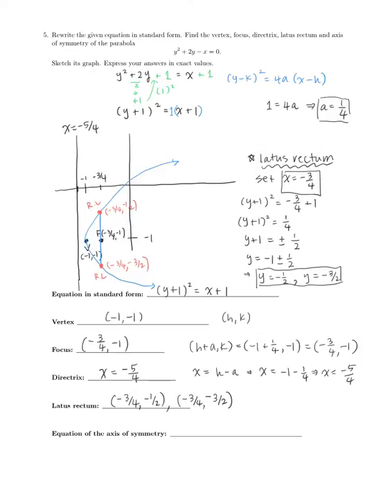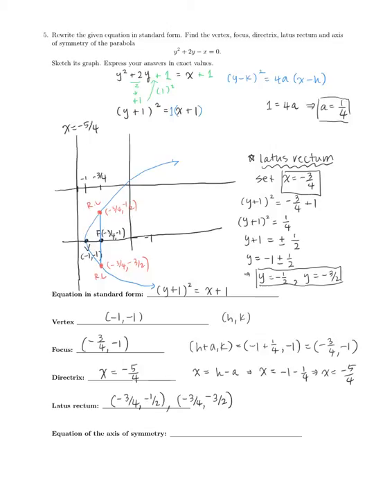Here you have it. Now the last part, the equation of the axis of symmetry. The axis of symmetry is nothing but the straight line that's going to go through the vertex, right? Let me write this in black.